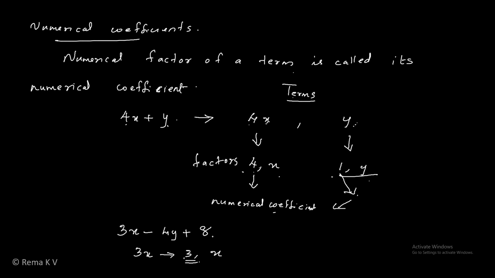Now what is the numerical coefficient of the second term? The second term is minus 4y. You have to consider this sign also. It is minus 4y is the second term, and this has the factors minus 4 and y. So the numerical coefficient is minus 4.